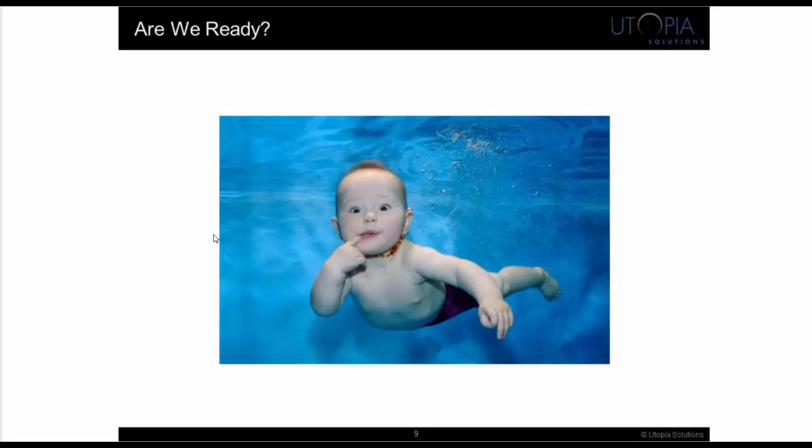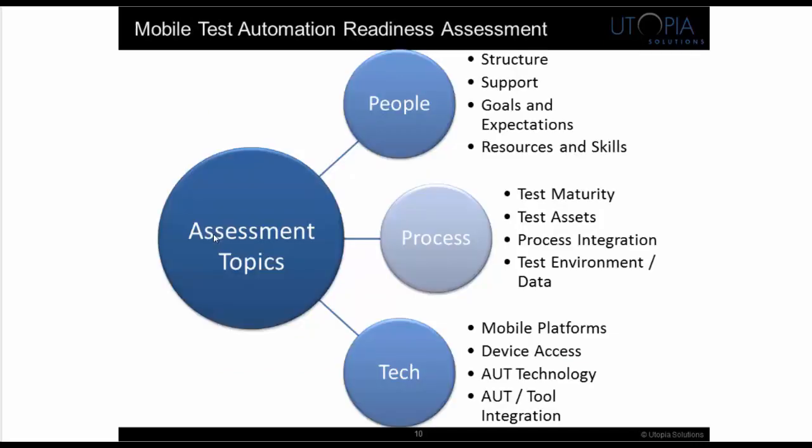But I do like to say that automation is a bit like swimming. If you don't have some important prerequisites in place, the results can be disastrous. So we really need to understand how ready we are to undertake test automation. So let's look at the things we need to assess.